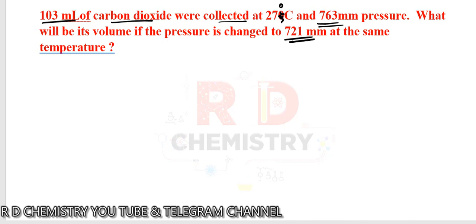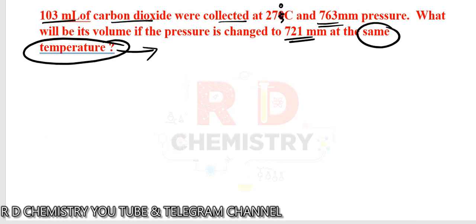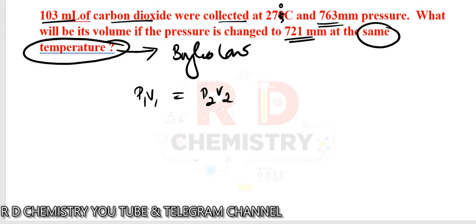To identify those gas laws, we'll have to remember the constant parameter. Same temperature, constant temperature means it should be Boyle's law. If this is Boyle's law, there are two different sets of pressure and volume. It should be P1 V1 is equal to P2 V2 at constant temperature. Fine.